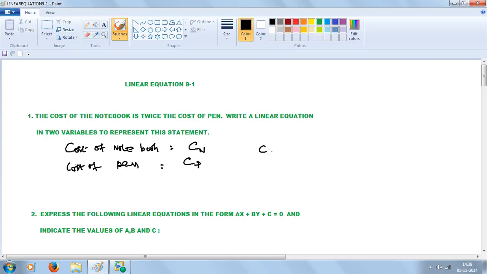So Cn is equal to twice Cp. It's a simple equation in two variables. Or we can write this equation as cost of notebook minus 2 times cost of pen is equal to 0.